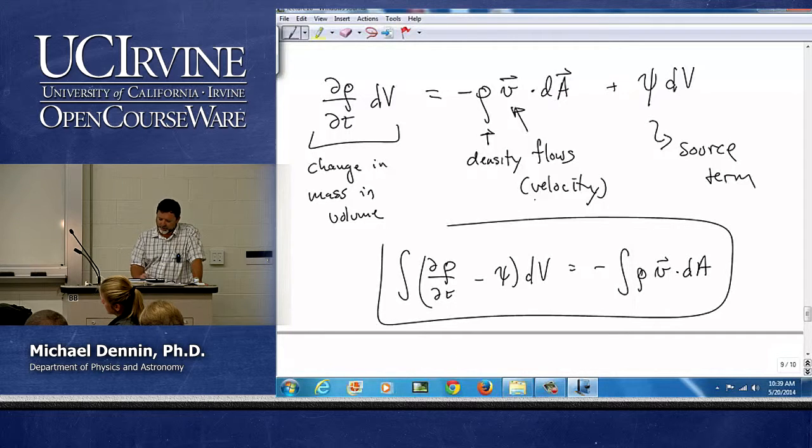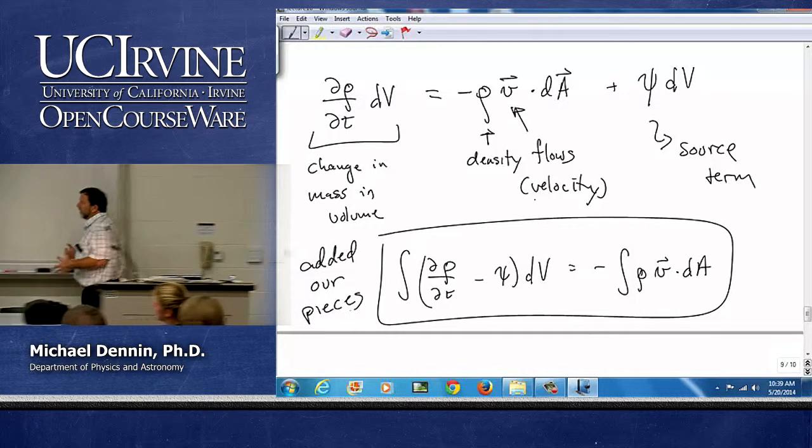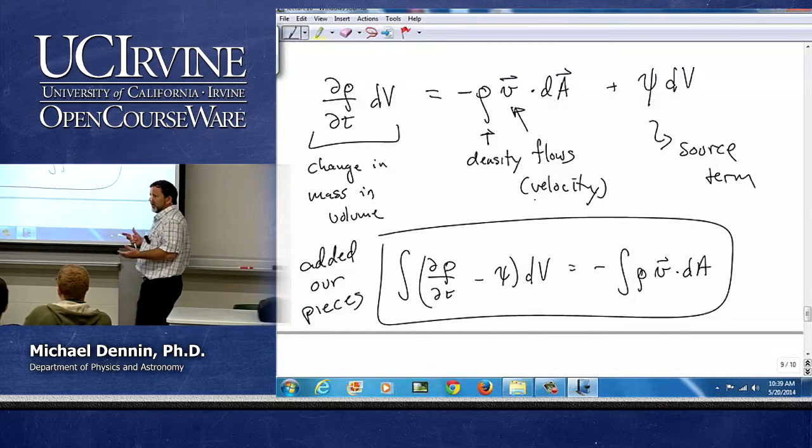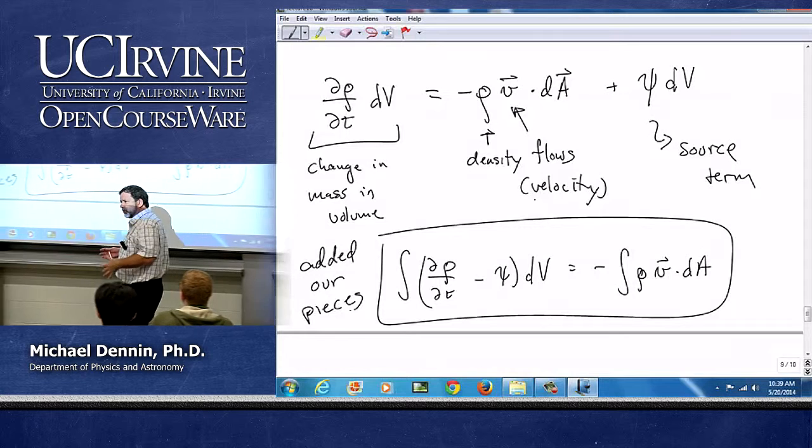So we've turned this into an integral equation. Notice we've used some key fundamental math ideas, and we've derived a very general equation.